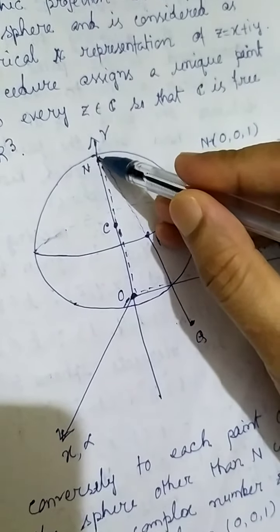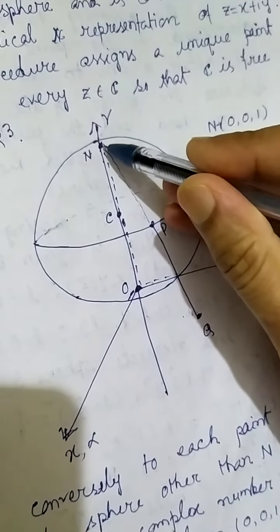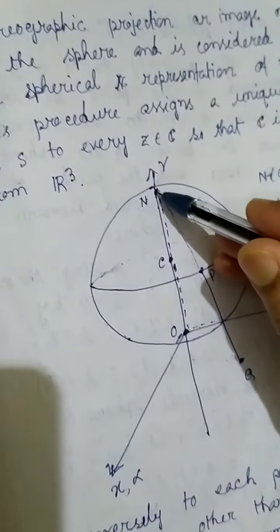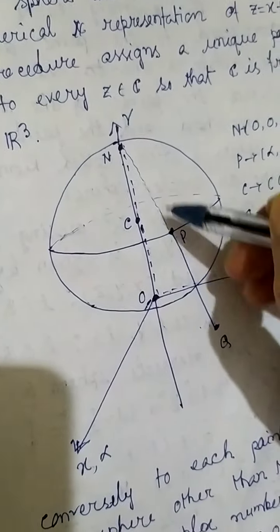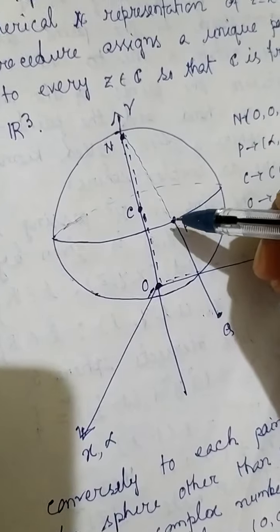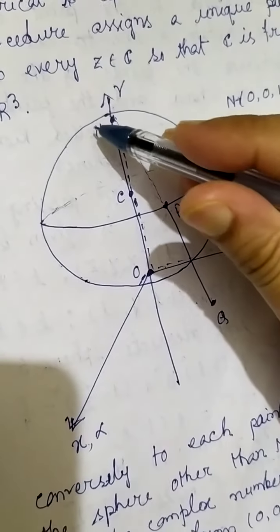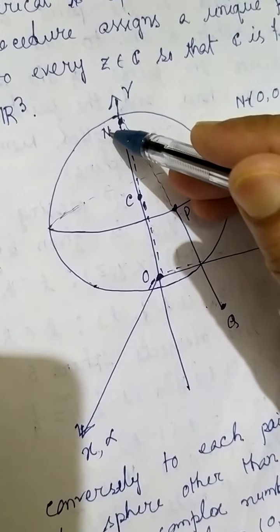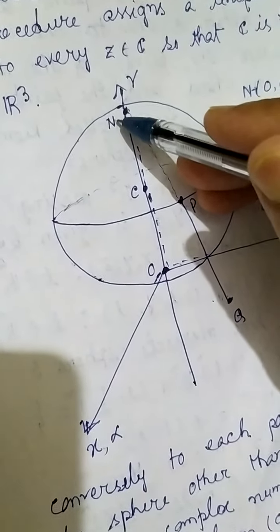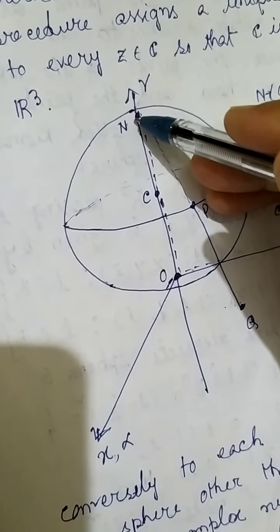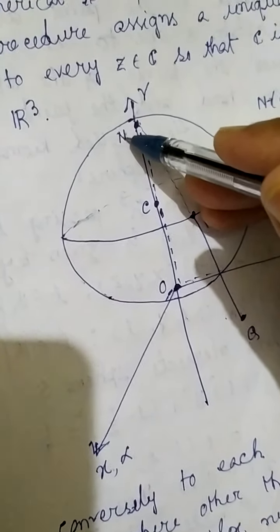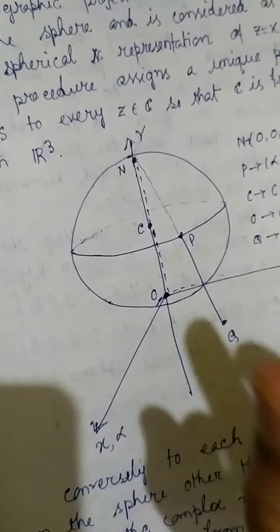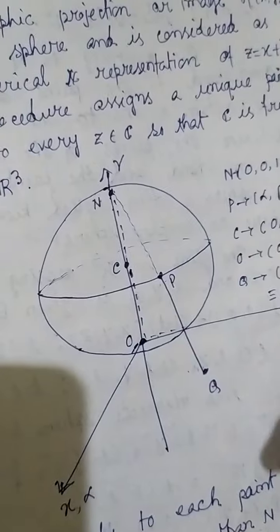If I consider the point P as N, then this concept cannot be introduced, because we would have to join N and N, which is the same point itself, and extend the line NP. So for the point N, we consider a point at infinity. That is, the corresponding point for N is nothing but the point at infinity.